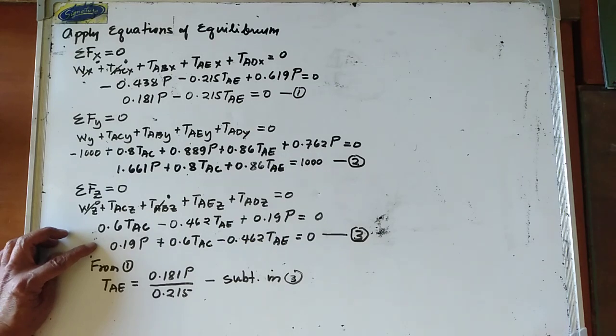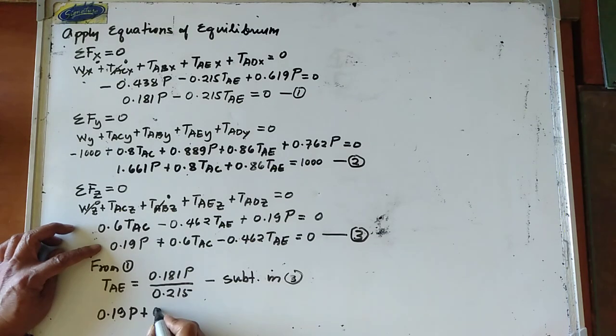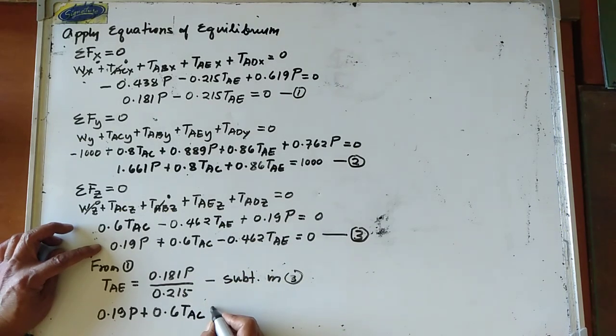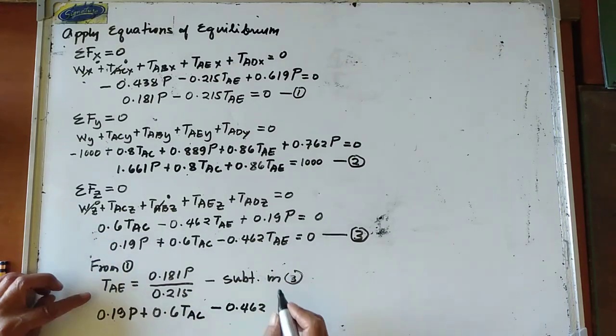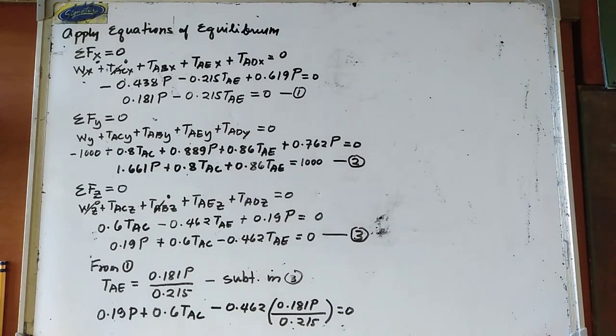So this is our equation 3: 0.19P plus 0.6 TAC plus negative 0.462 TAE, which is 0.181P over 0.215, and this is equal to 0.